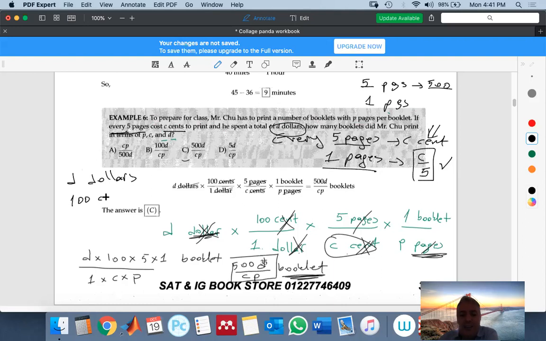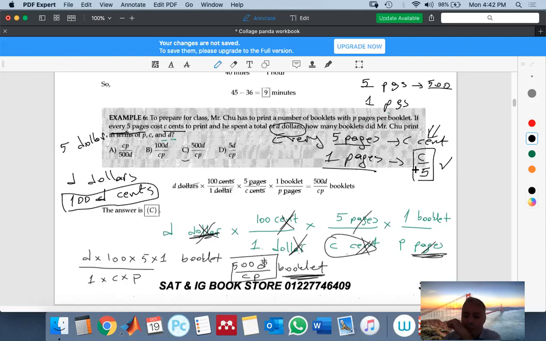D dollars means 100D cents, isn't it? For example, $5 means 5 times 100. So D dollars means D times 100. Now I have 100D cents.